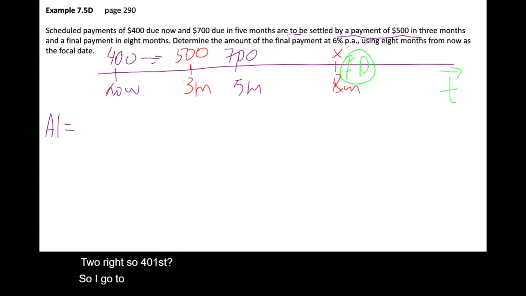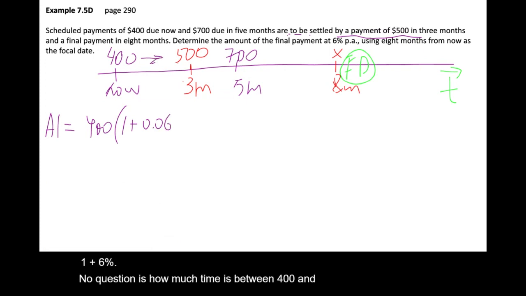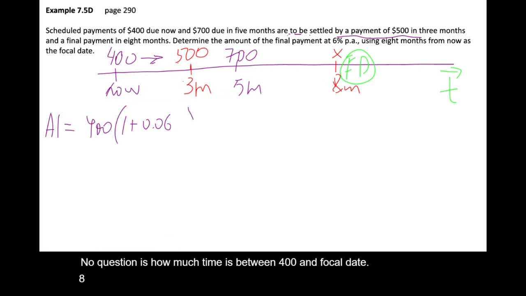So I go to the right. So future value formula. 400, 1 plus 6%. Now, question is, how much time in between 400 and focal date? 8 months. Yes, very good. So 400 done.